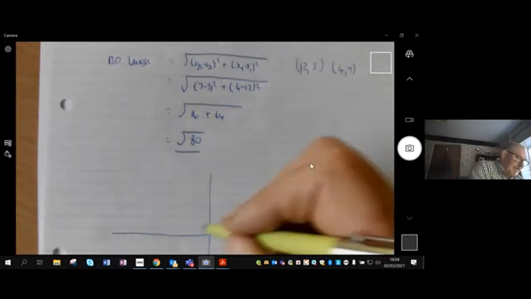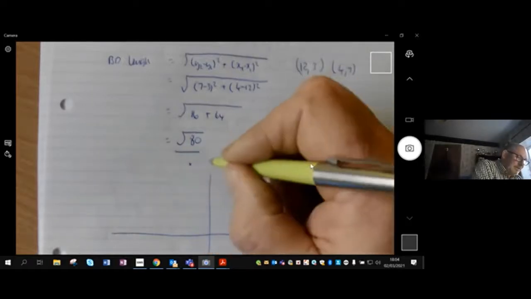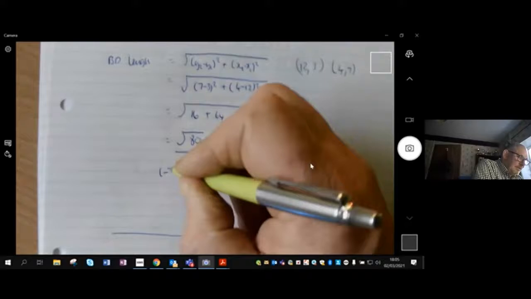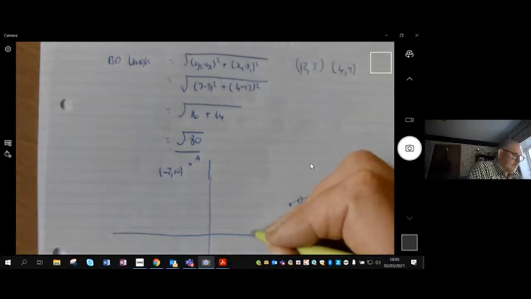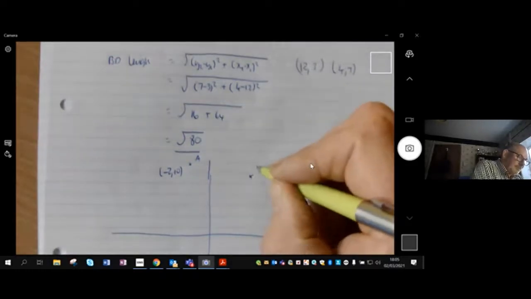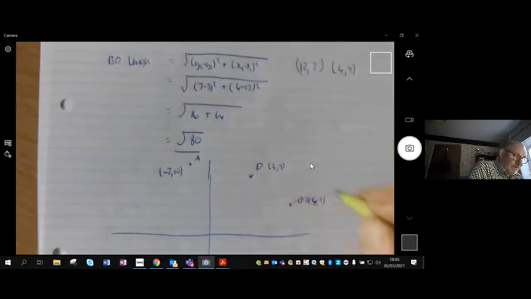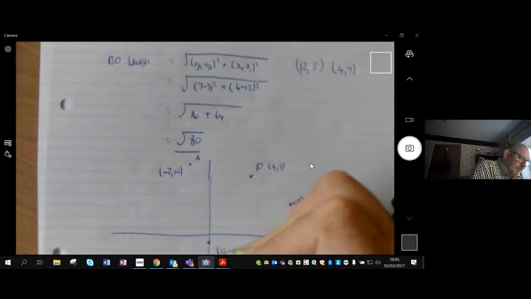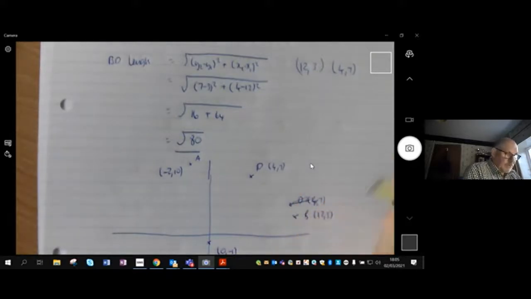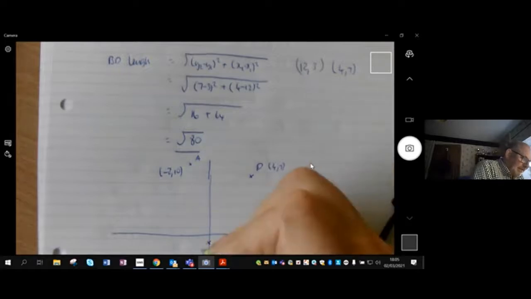A is minus 2, 10. B is 12, 3. C is 0, -1. So we've got A, B, C, and D there, yes.